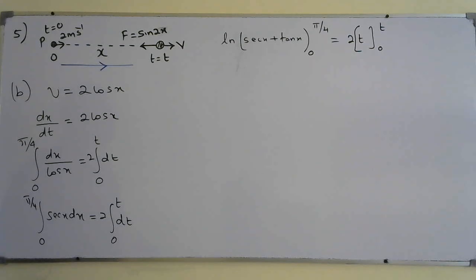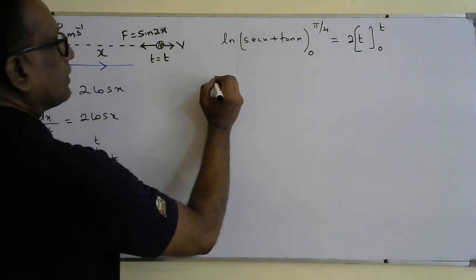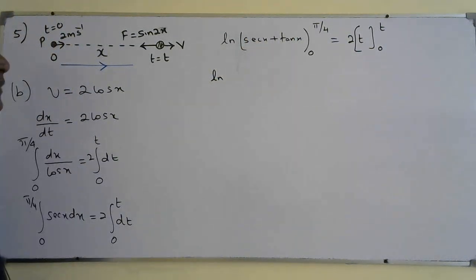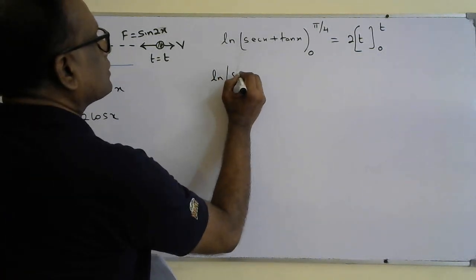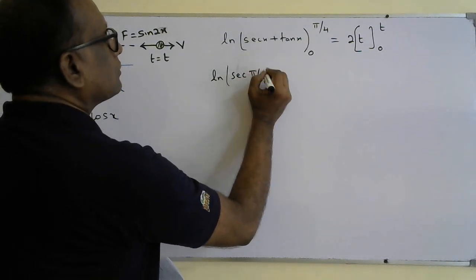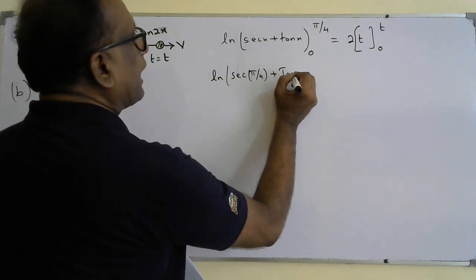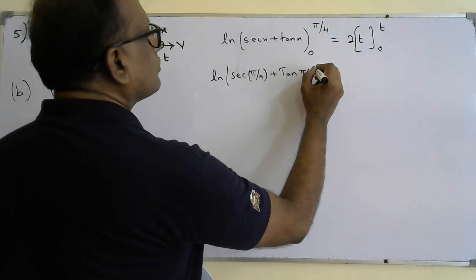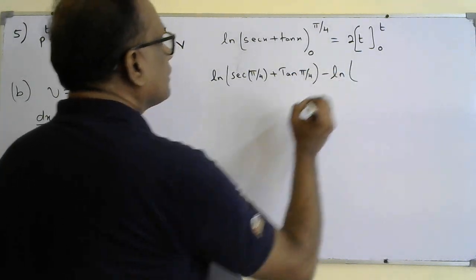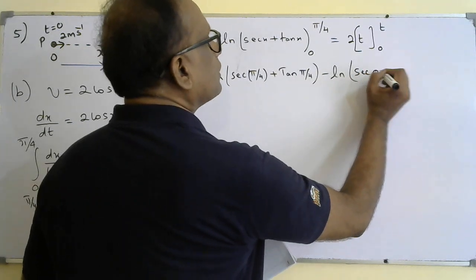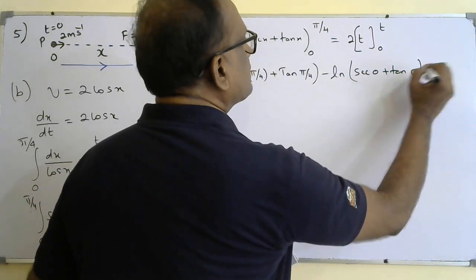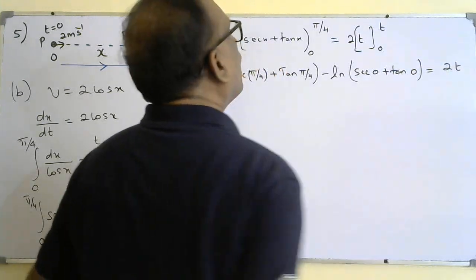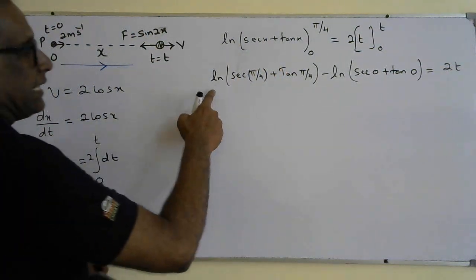Okay, so we should substitute the values. So ln of sec pi by 4 plus tan pi by 4, minus ln of sec 0 plus tan 0, is equal to 2t.